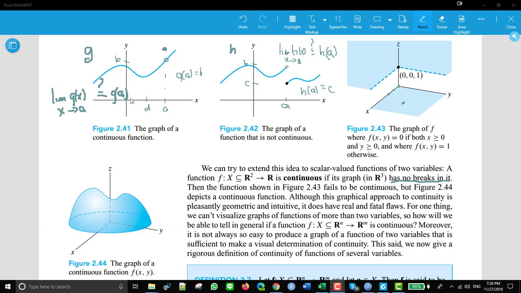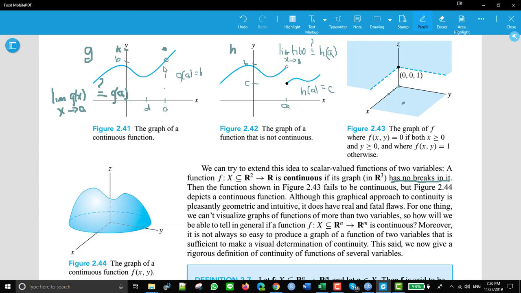So still, in this case, for this particular picture, for this g, the limit still exists, and the limit is b, but that's not the same as the height, which I might call k. So the limit is b, but that's not equal to g of a. g of a is equal to k.